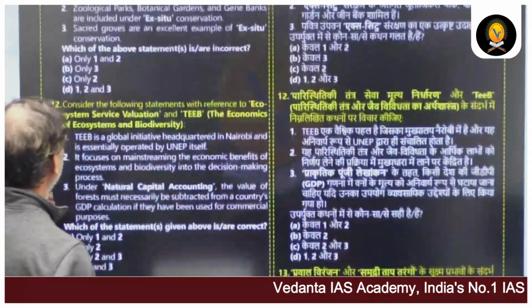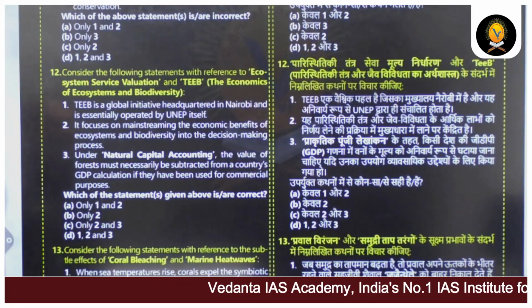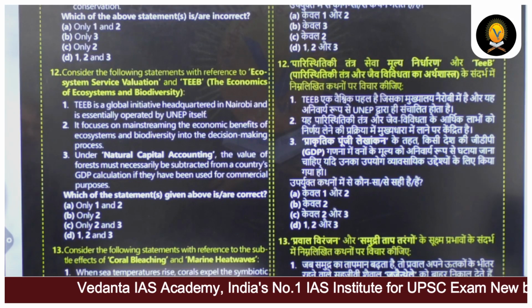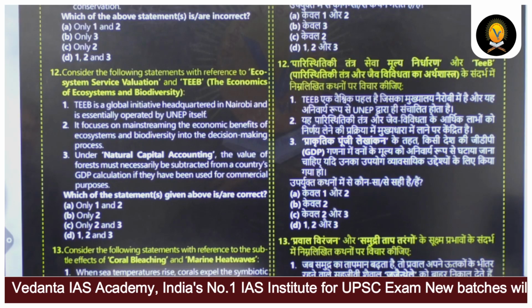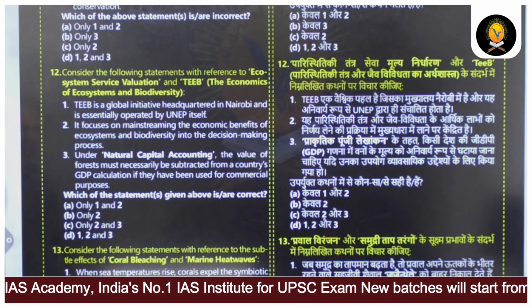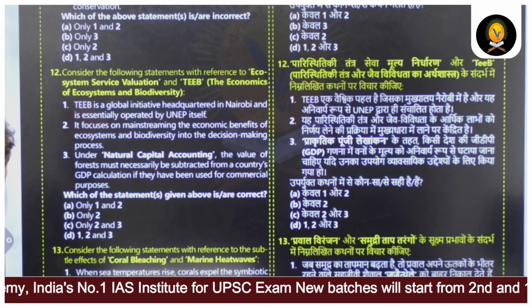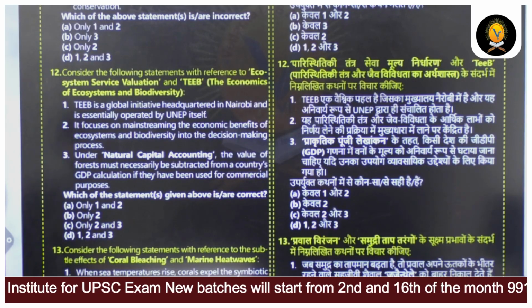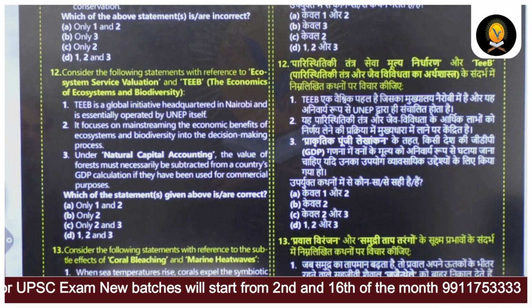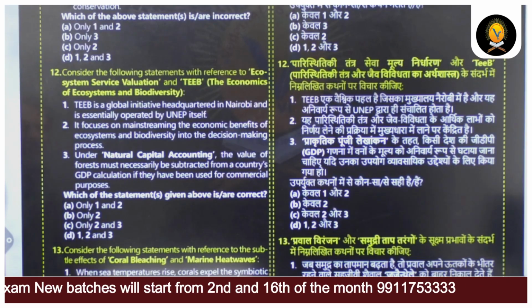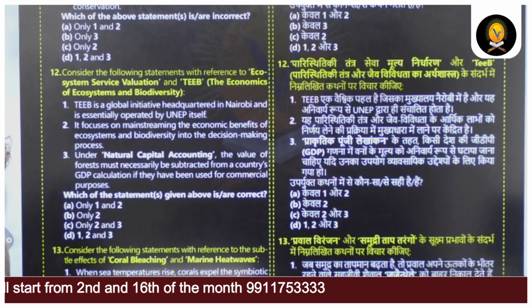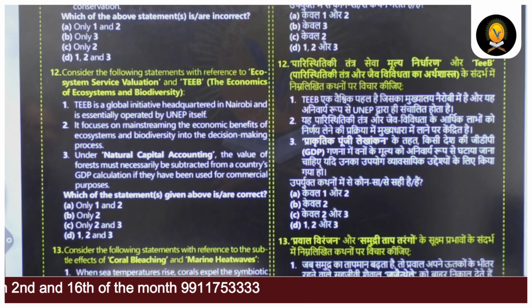Now, the next is, consider the following statement with reference to ecosystem service valuation and The Economics of Ecosystems and Biodiversity. TEEB is a global initiative headquartered in Nairobi and is essentially operated by UNEP. No. TEEB headquarters is in Germany. Okay, but it is supported by UNEP.